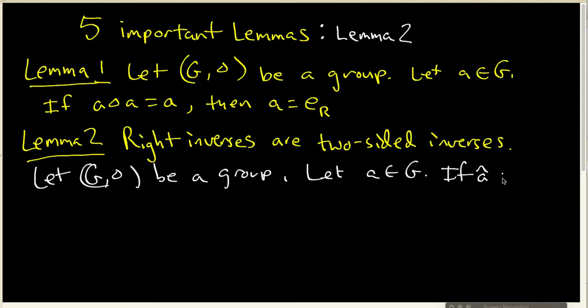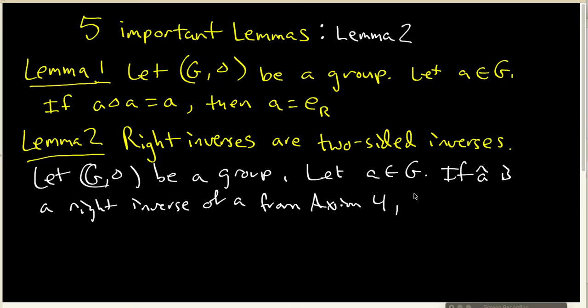If A hat is a right inverse of A, which is promised by axiom 4, then what we also know is that A hat is a left inverse of A just as well.